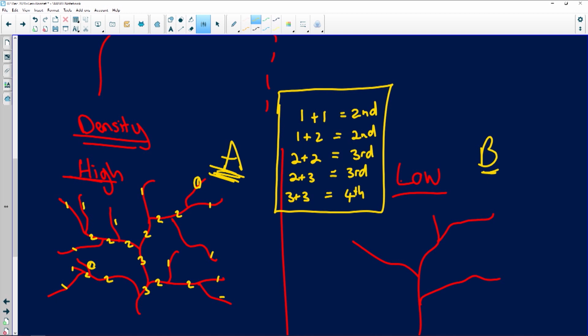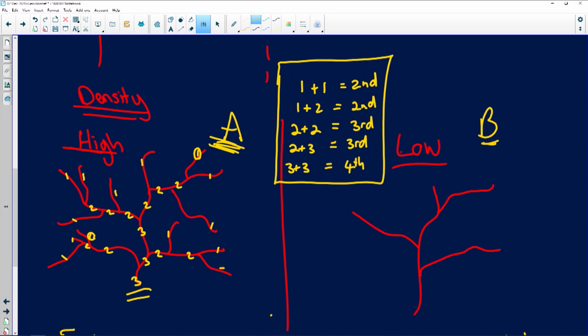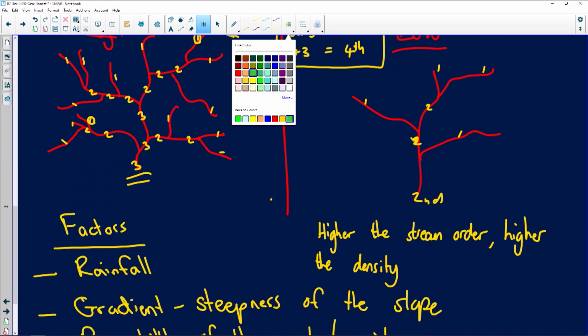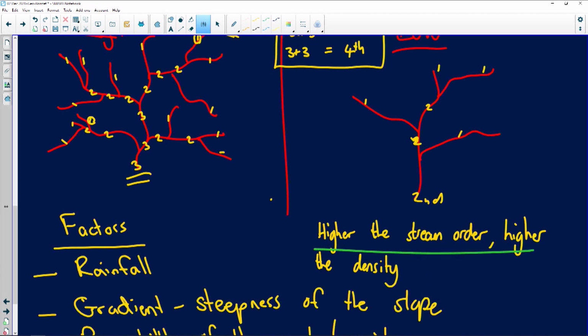A second and a third, so drainage basin A is a third stream order. If you look at B, first and first make a second. First and second stays a second. Second and first stay a second. And once again, I come to the conclusion, the higher the stream order, the higher the density.